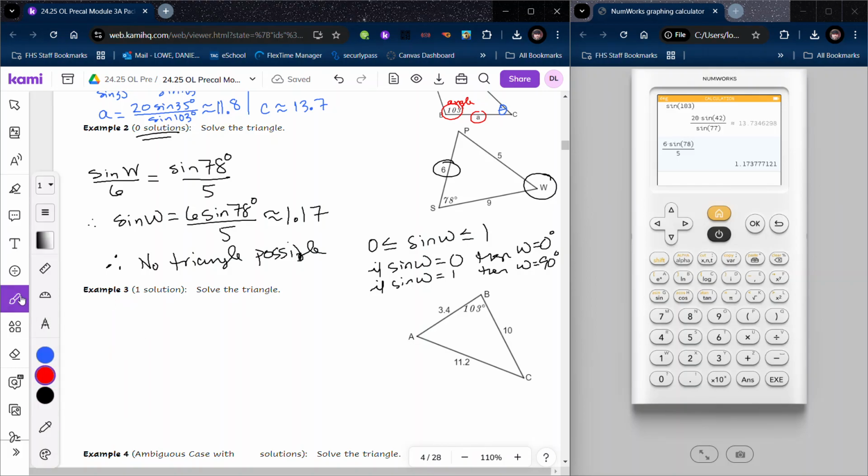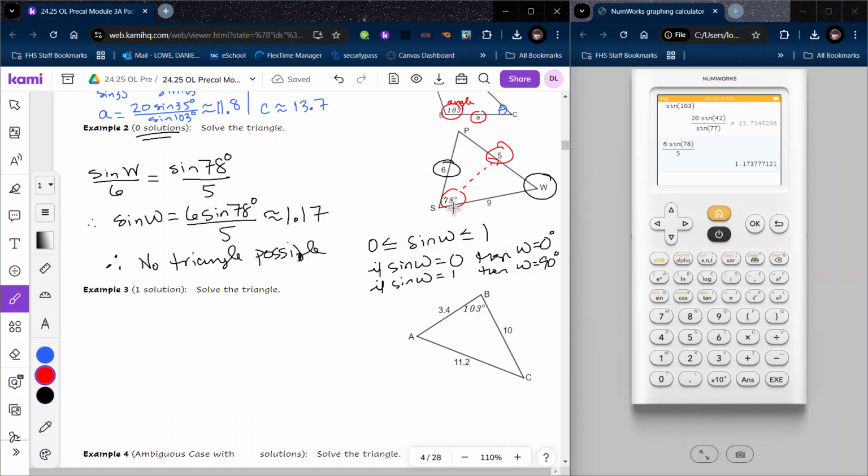Another way that you could reason through this is notice that this 78 degrees has the shortest side. But the 78-degree angle cannot be the smallest angle in this triangle. And because the 78-degree angle cannot be the smallest angle in this triangle, it cannot be opposite the side that is the shortest side.